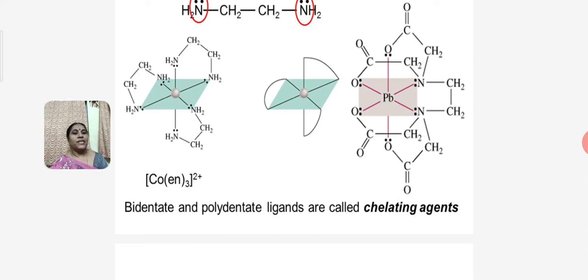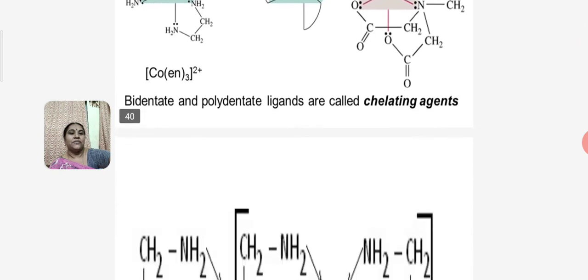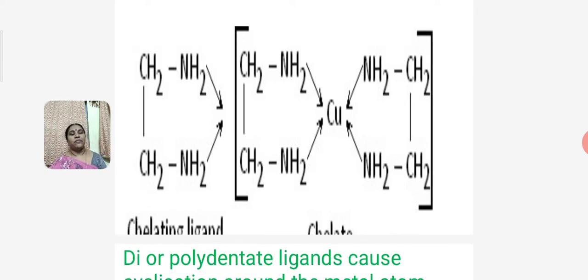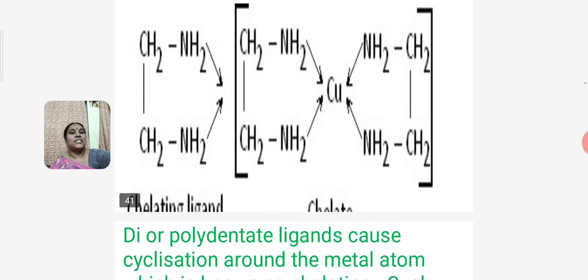All bidentate and polydentate ligands can act as chelating agents or chelating ligands. You can see here how ethane 1,2-diamine forms a ring around the central atom. So you can see here a copper complex with ethane 1,2-diamine. It is a chelate complex.